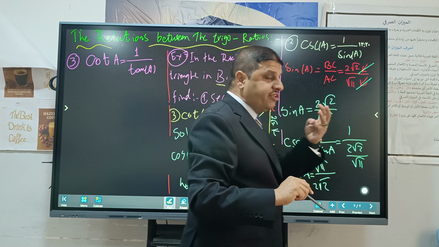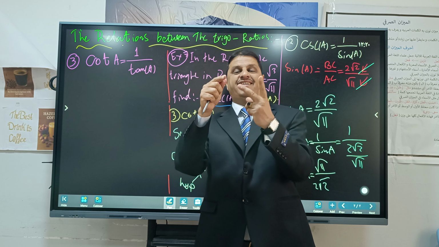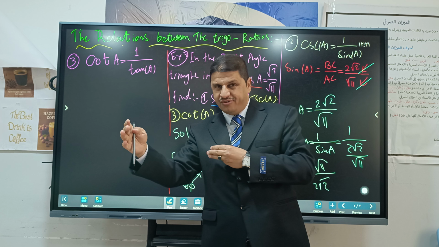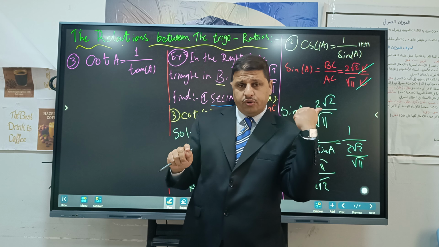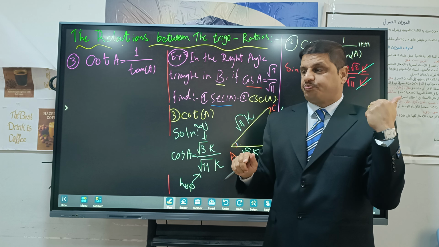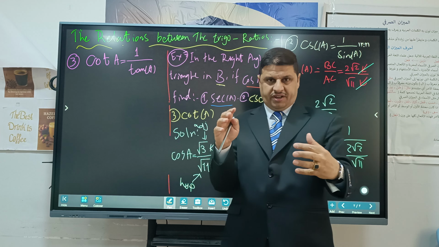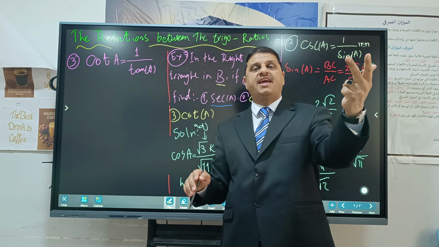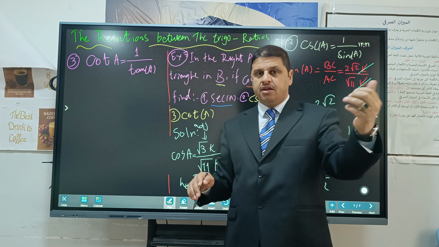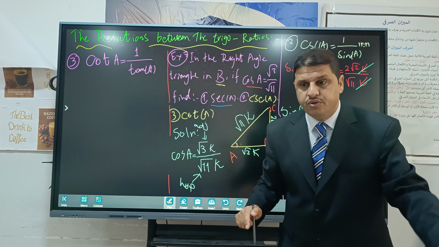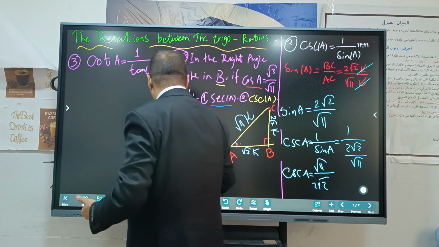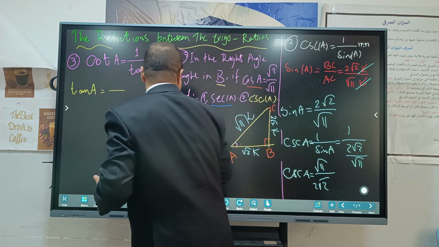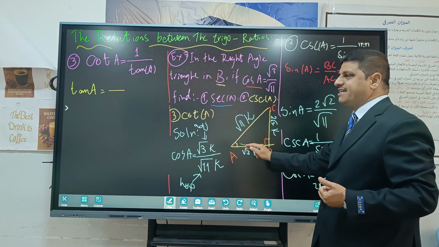Okay? Look at these three quantities: the secant, the cosecant, and the cotan. They cannot be found directly. I have to go to the corresponding quantity. For secant, I want cosine. For cosecant, I want sine. Now, for the cotan, I will go to the tan. Firstly, I will find the tan. Tan of A equals, here is A, where is the tan?